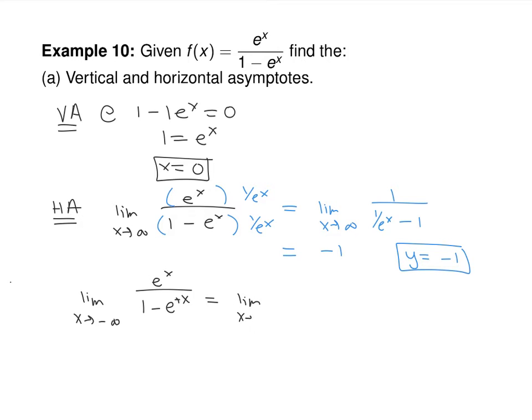Change the x's to negatives and make x go to infinity. Okay, does that part make sense? Now, I think this is actually going to be 0. Here's why. Same thing as 1 over e to the x over 1 minus 1 over e to the x. Do you agree with that?